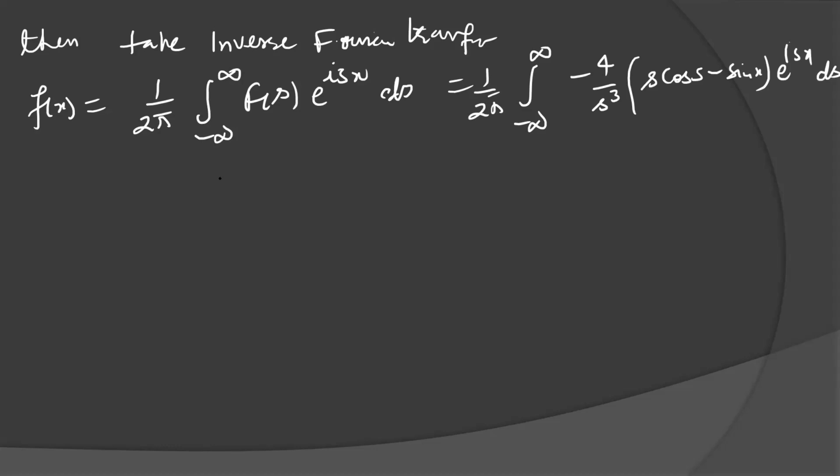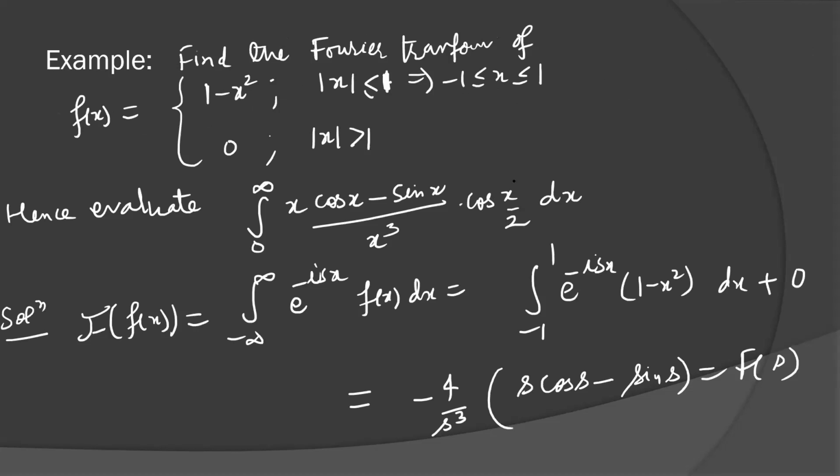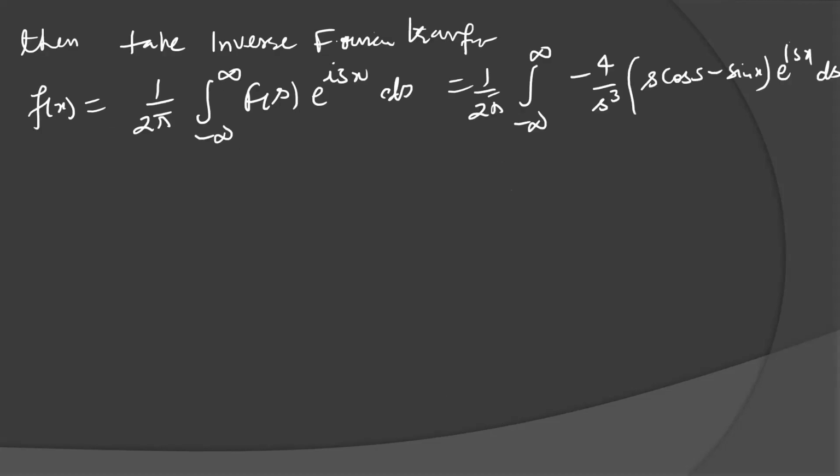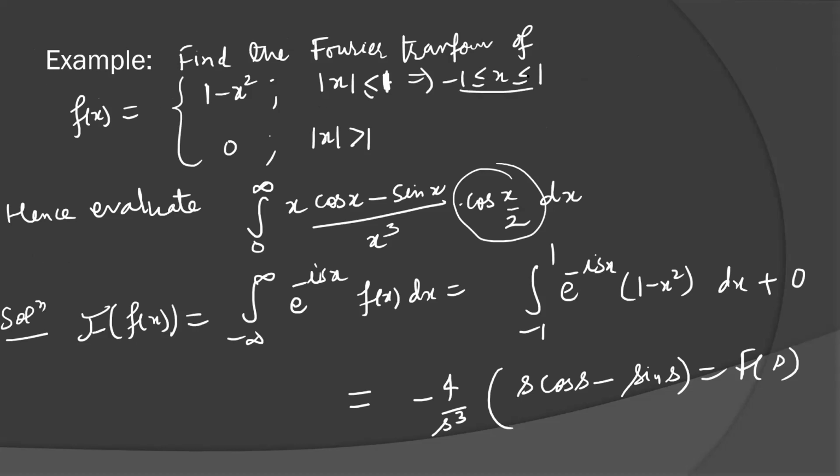Now you want x by 2. If you see cos x by 2, we will put x equal to 1 by 2 on both sides. Then we will change s to the x parameter. Firstly, we have to solve this integration in x only, on both sides. So f of 1 by 2: because 1 by 2 belongs to minus 1 to 1, I am going to solve for x first.